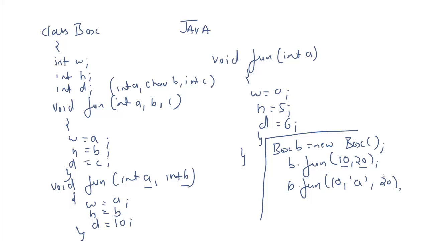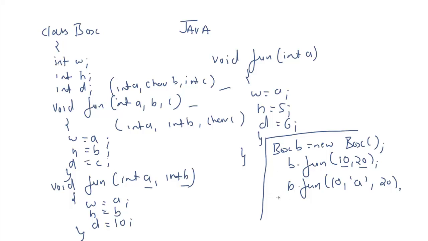Here there are 3 parameters, and here also I have 3 parameters, but the data type is playing the role. Now it can so happen that the order of the parameters also can vary. Instead of int, char and int, it can be int a, int b and char c. It can be something like this also.